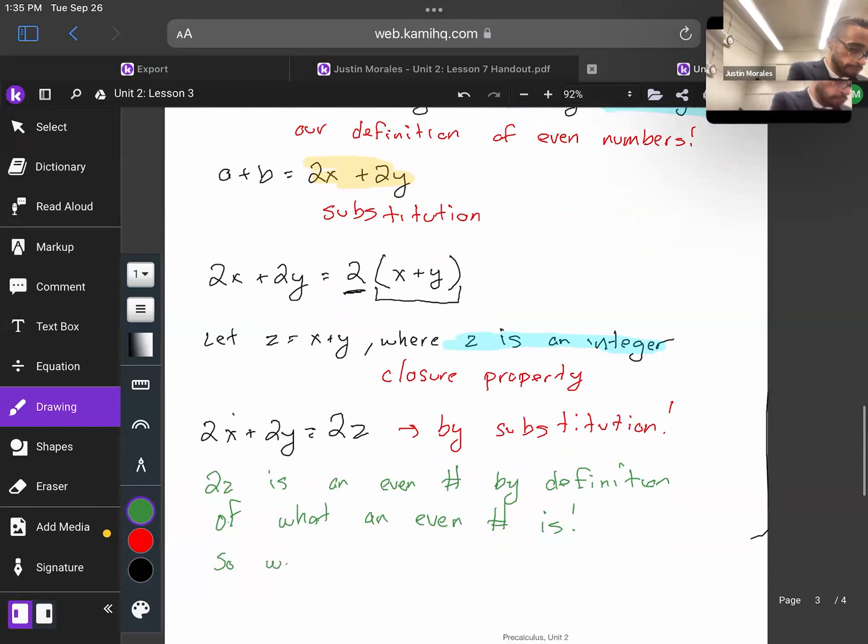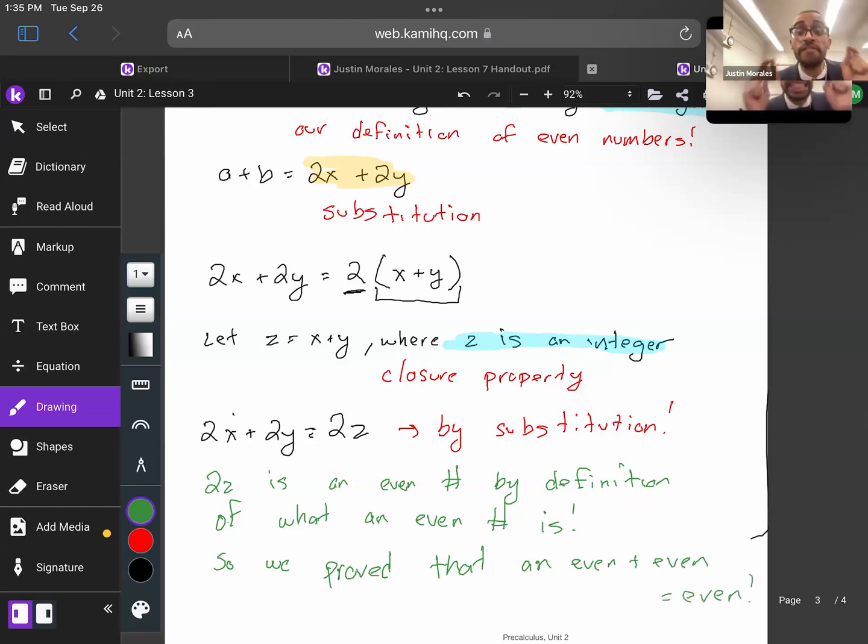So we proved that an even plus an even equals an even. We didn't use specific numbers.